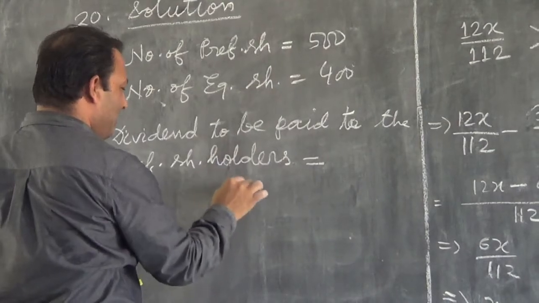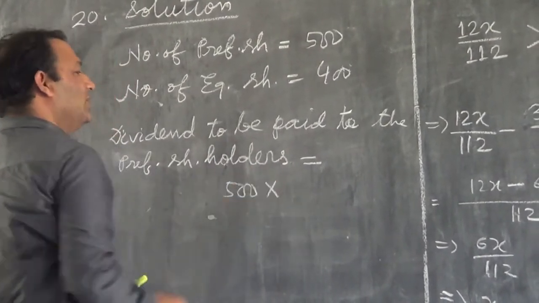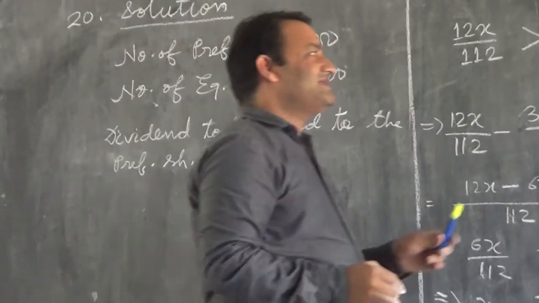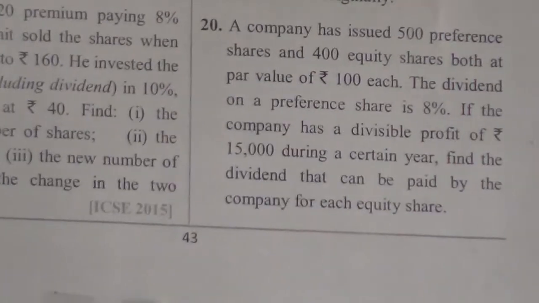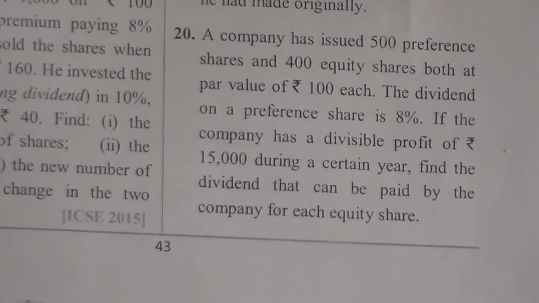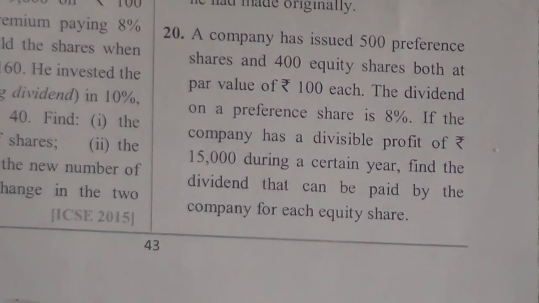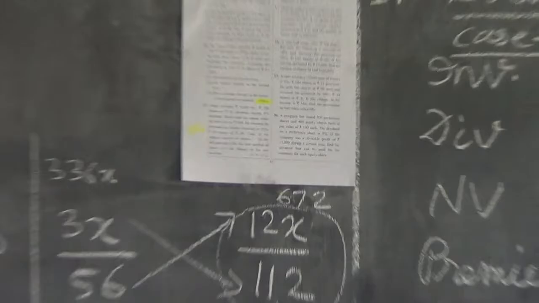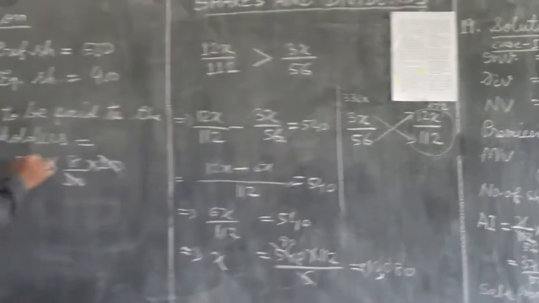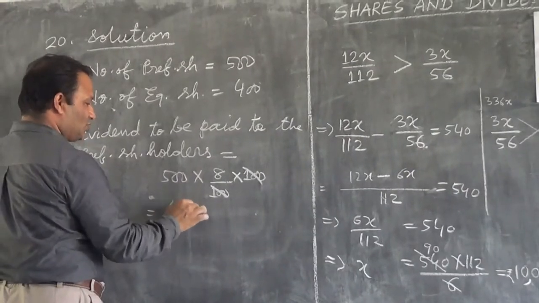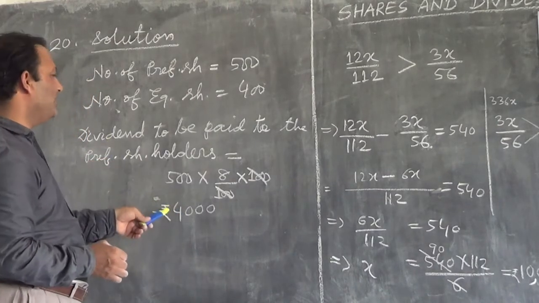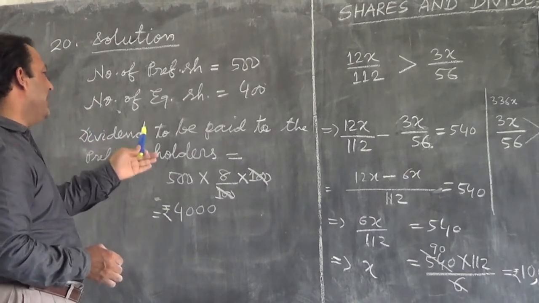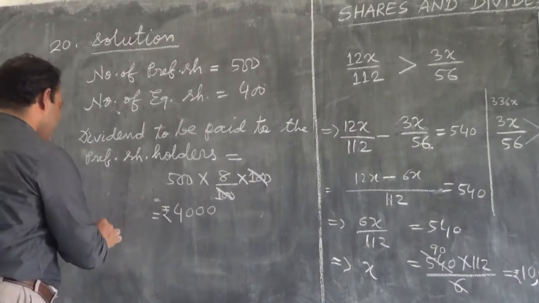There are 500 shareholders, and for each share, 8% of 100 is to be paid. So 8 by 100 into 100 gives 8, and 500 times 8 is 4,000 rupees.